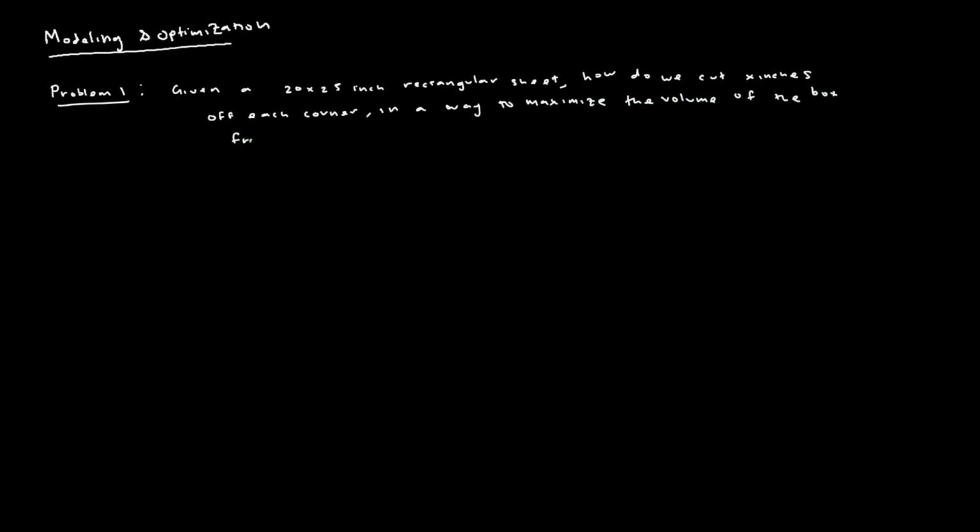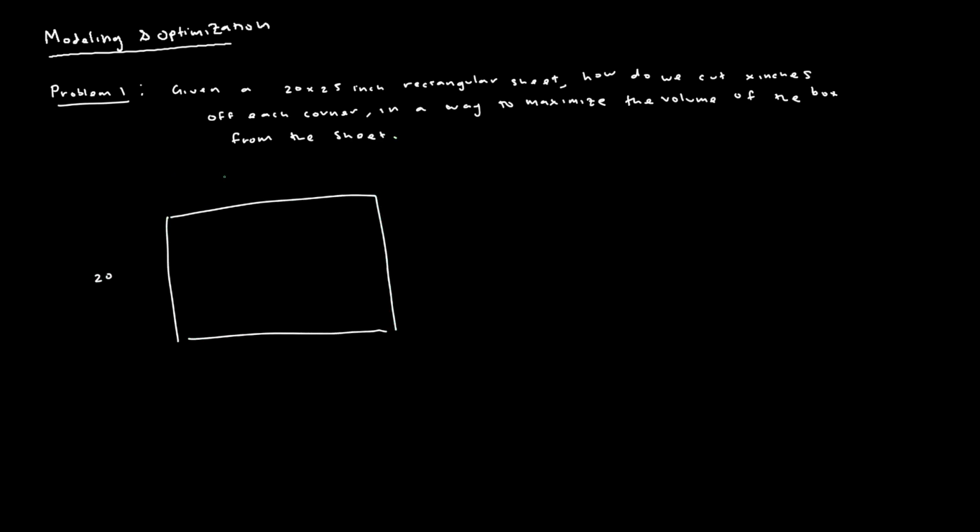So what this problem's trying to say is we're given this rectangular sheet, right? Not to scale, the height is 20 inches and the width is 25 inches. We're going to be cutting x inches off of each corner, so we make x by x inch cuts on each corner.